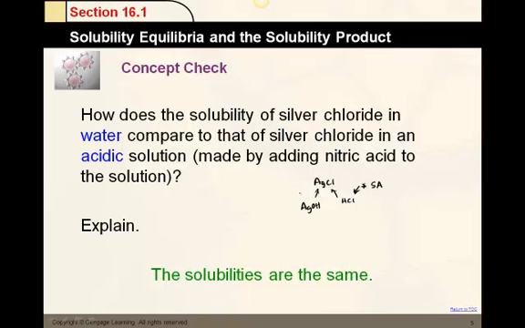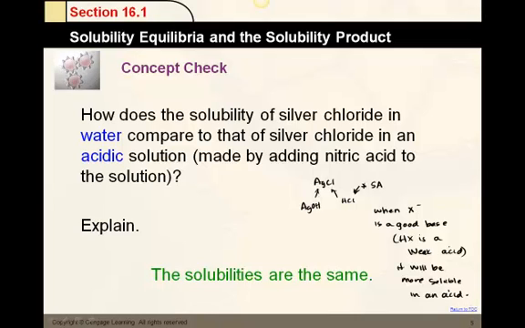Solubility is affected by pH, and in general, when the negative ion is a good base, in other words, HX is a weak acid, then it will be more soluble in an acid. So in this case, the answer is no, and you can see that's what it said.